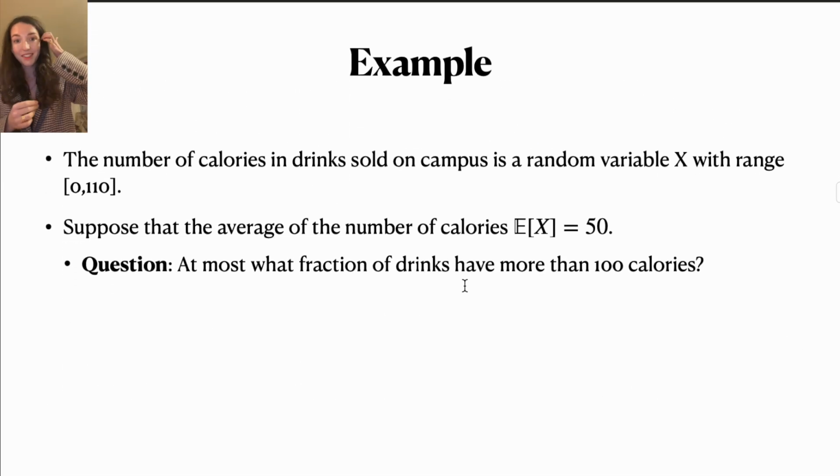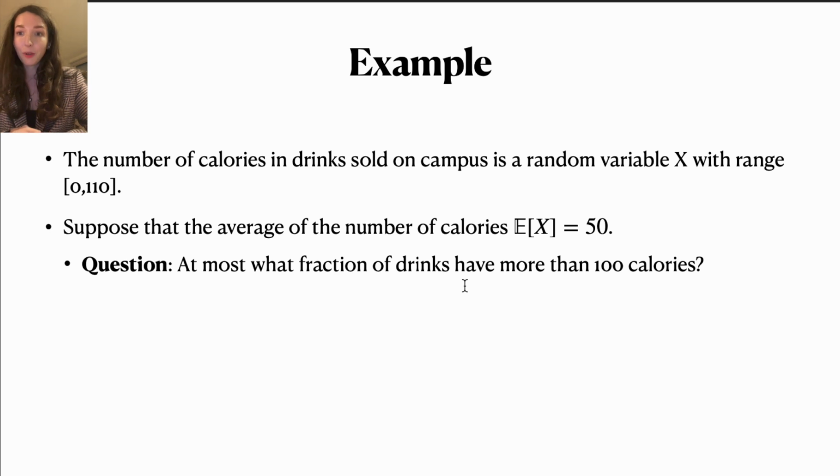Okay, so let's start with a simple example of a concentration inequality, which will bring us to Markov's inequality. Suppose that we have drinks that are sold on campus of some university, and we denote the number of calories in that drink by some random variable x, and we say that the range of this random variable x is between 0 and 110.